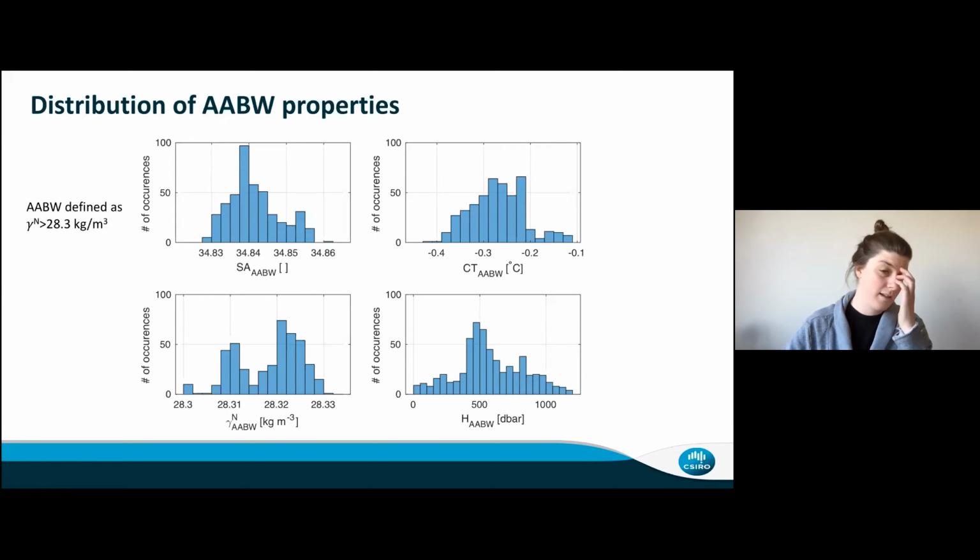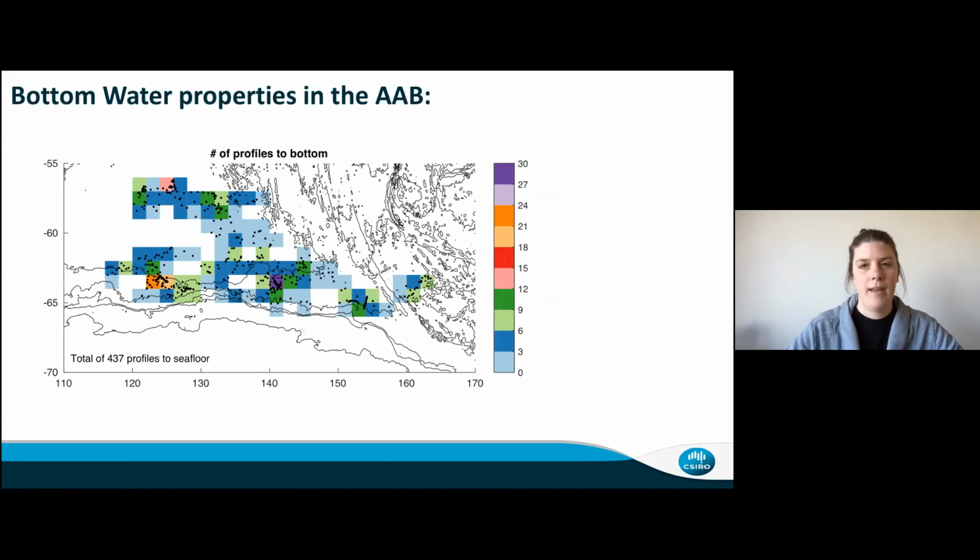And you also see a bimodal distribution in the density of the layer. So you have this denser version and a slightly lighter version of Antarctic bottom water in the region. And on average, about 500 meters thick, but that varies a lot in space, which I'll show you now.